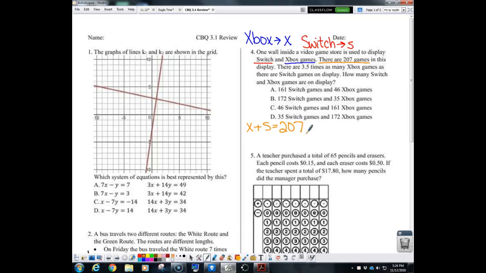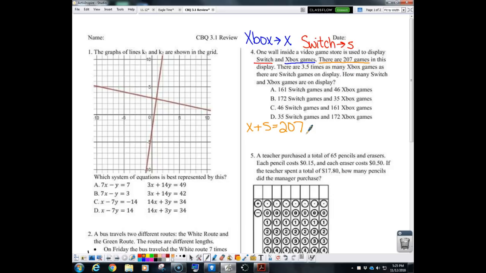So then they say there are 3.5 times as many Xbox games as there are Switch games. So think about that. If you read that carefully, you can see that there's more Xbox games than there are Switch games, right?